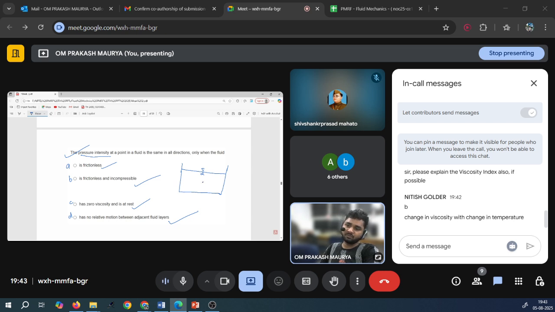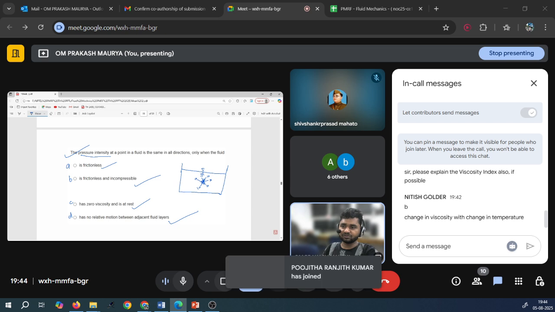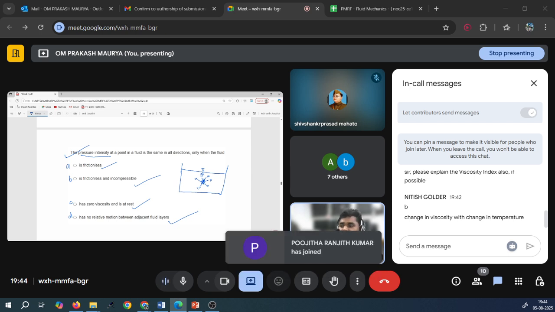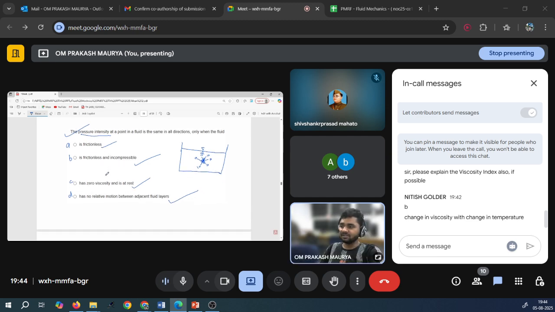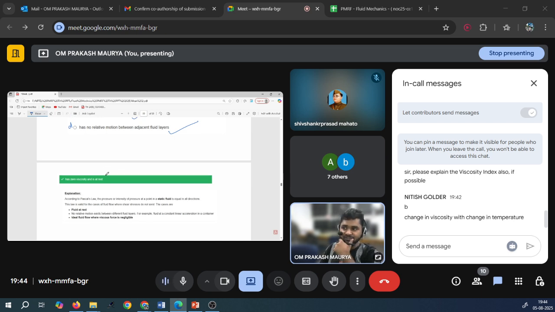Let us suppose this is the point P, and the pressure intensity at a point in a fluid is the same in all directions. Means if here it is 10, everywhere it is 10. The meaning of the question is only when this is possible. Some student is telling B, someone telling C, but the correct answer is has zero viscosity and is at rest.